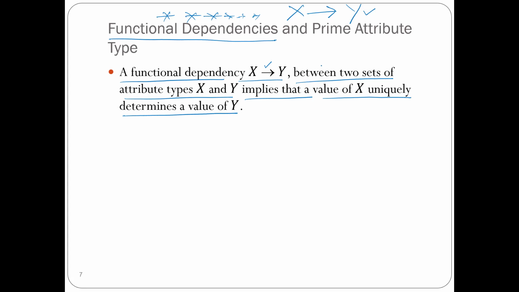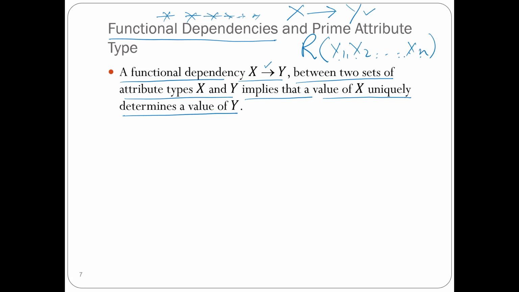Okay, so you'll be given a relation R, and in this relation R you'll have a lot of attribute types. Let's say you have X1, then X2, and so on, up to Xn.